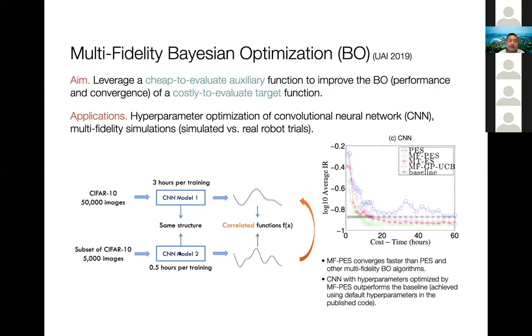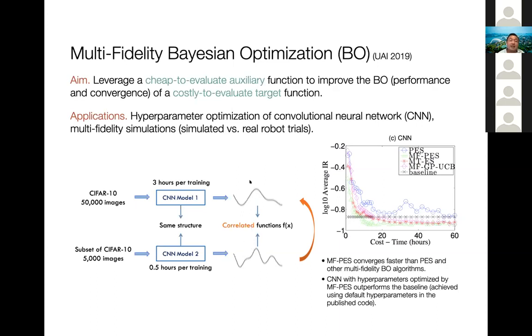But we do know that there's some relationship in terms of the validation accuracy between the two CNN models. However, we know that the one at the bottom is not going to represent the one on top with perfect fidelity. It's not perfectly replicating the one on top.